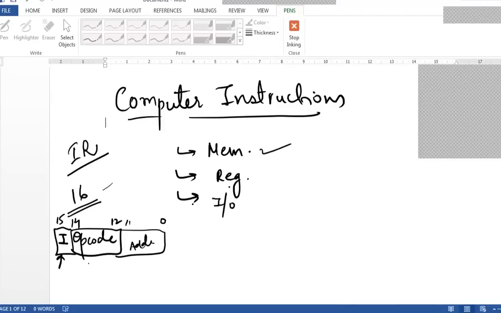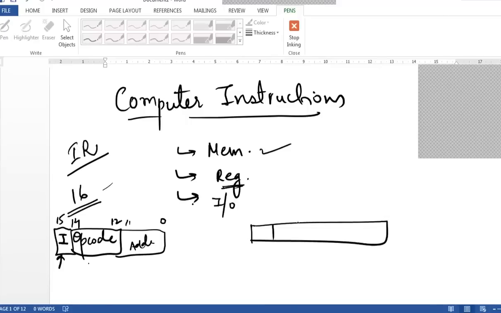Then we saw that register reference instructions have a fixed 0 in the I bit and a fixed 111 in the opcode. Here we do not have addresses, but bits 0 to 11 refer to the register operations.